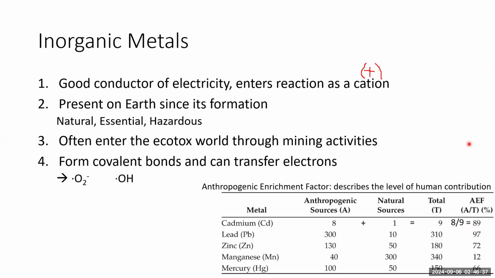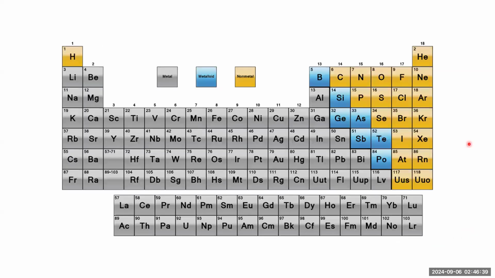And it's a good thing we've got a tool to measure this, because the vast majority of elements on the periodic table are metals or metalloids. They're not fully metals, but we've got lots of metals on here, and these metals span really the whole periodic table. We've got lots of really important metals that we need over here: sodium, magnesium, potassium, calcium, some important metals over there.